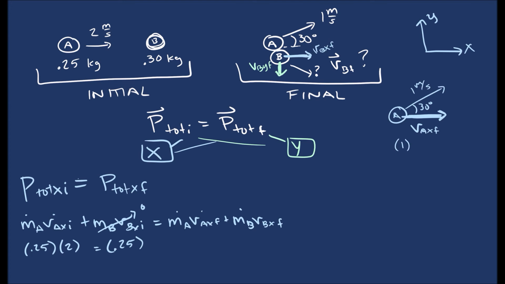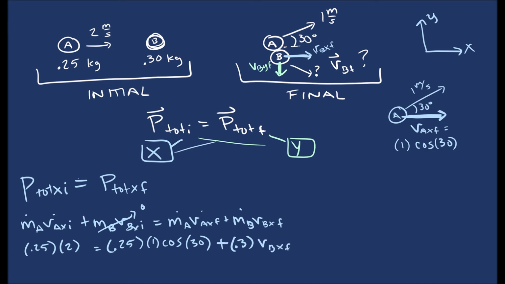So it equals 1 times the cosine of 30, because cosine of 30 equals VAXF divided by 1. Okay, so 0.25 times 1 times cosine 30, plus the mass of B, which is 0.3, times VBX final, which we don't know.